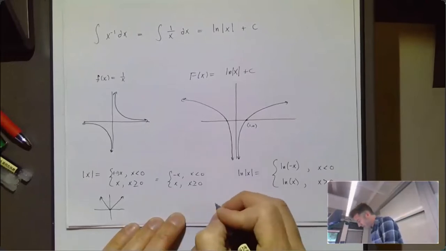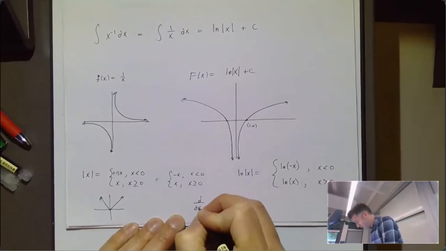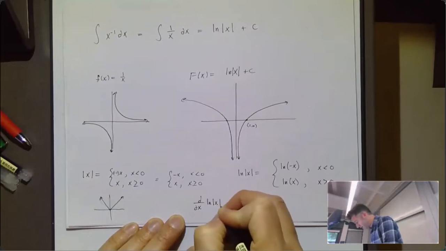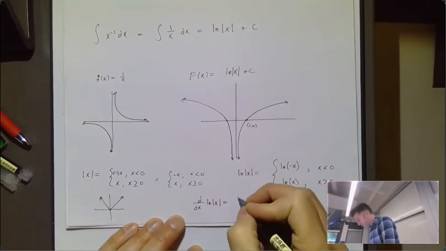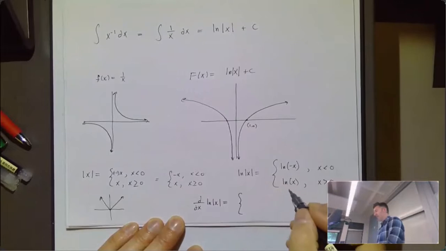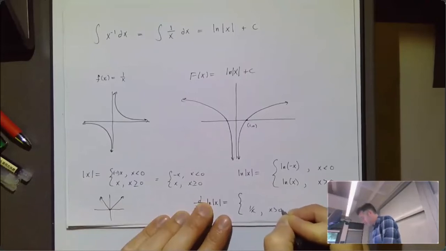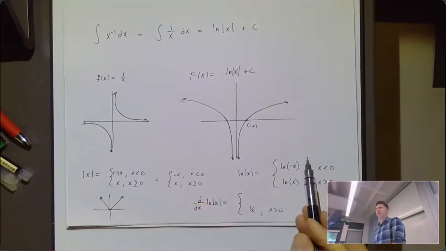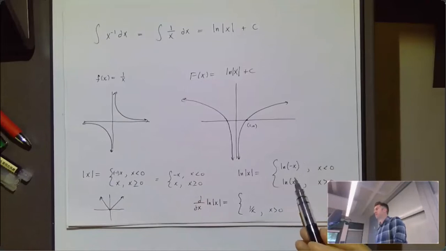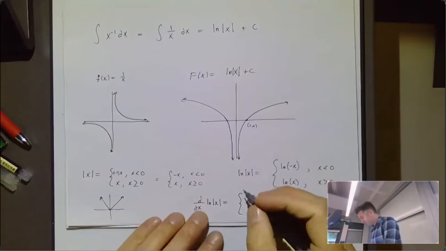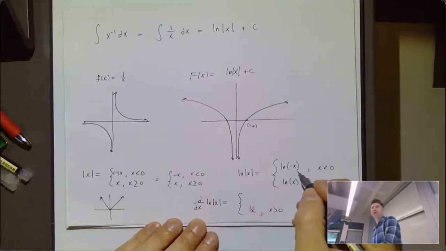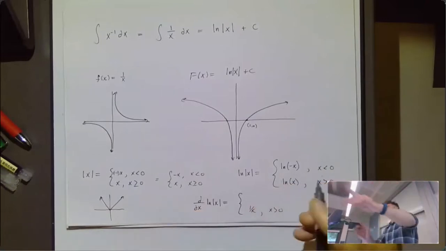So let's check out the derivative now. The derivative of the natural log of the absolute value of x is going to equal, so what's the derivative of the natural log of x? It's going to be 1 over x if x is greater than 0. Now, what's the derivative of the natural log of some stuff? I said the magic word, stuff. Well, it's 1 over, I mean, you're not wrong, but we should show all the work to get there.